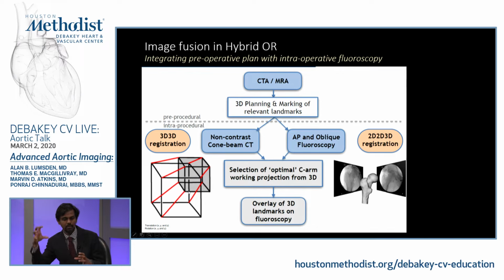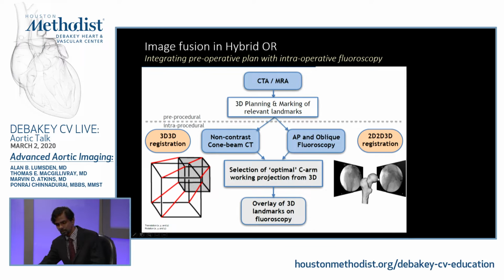By cube, I mean the CT or cone beam CT that was done today in the operating room, and a pre-procedural CT that was done the day before, or the week before, or a few months before. You put those two together, it's like matching the two cubes. Then we know exactly how the patient is lying on the table, and when the C-arm comes in and you step on the first fluoro image, you know where the vascular landmarks are without even injecting contrast. And that's the advantage that we are trying to get.